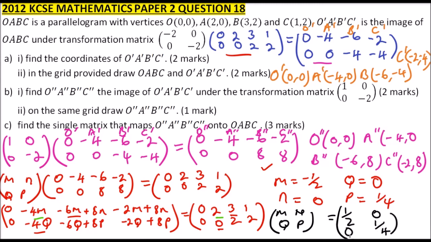So that is the matrix that will map our second image onto our original object. So that's how we will go about that question.